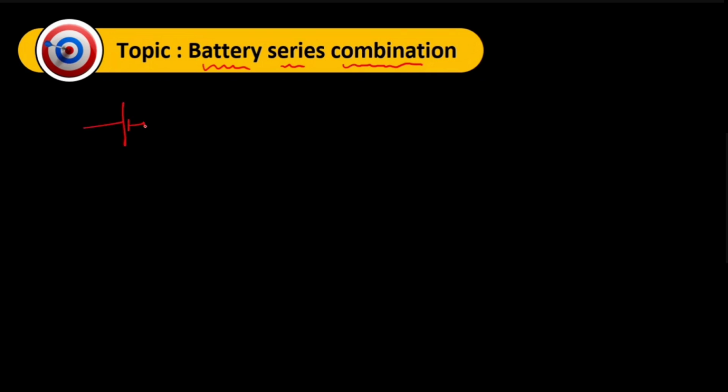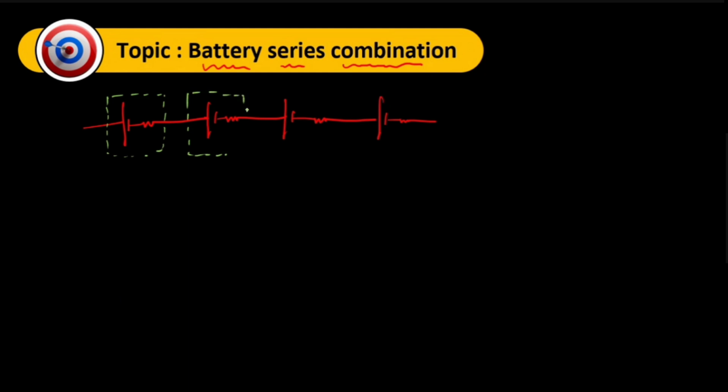For a battery, considering that there is some internal resistance also, they would look like this. Each pair of cell and resistance represents a battery. So this is a series combination of batteries.